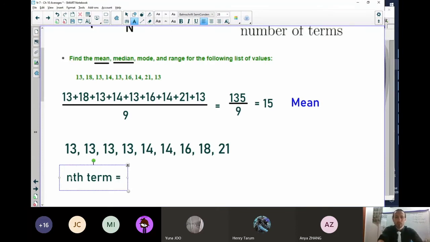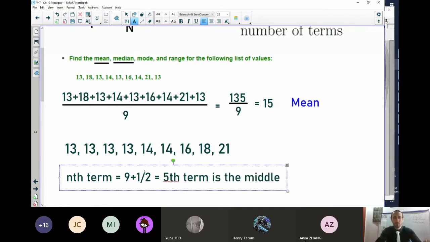And we do that by adding up how many terms that we have, which is 9, plus 1, and we divide that by 2. So in this case here, we have 9 plus 1 is 10, divided by 2 is going to be equal to the 5th term is our middle.